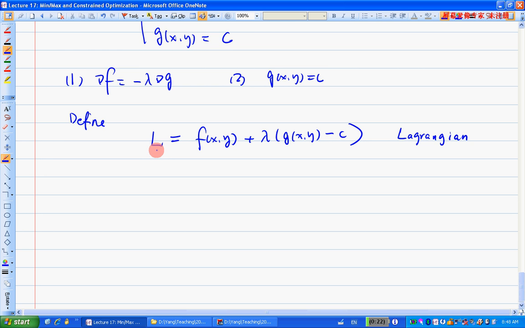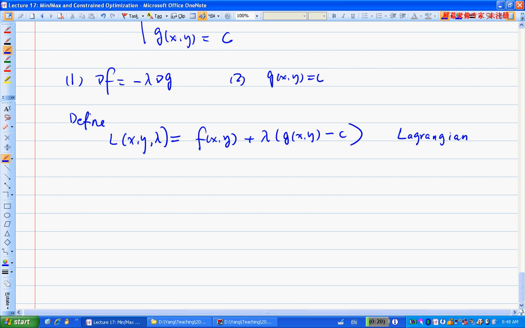Now, let's think about this. If I say, can you find the min or max of this function L? If you look at this function L here, what is L a function of? L is a function of X, Y, and lambda.